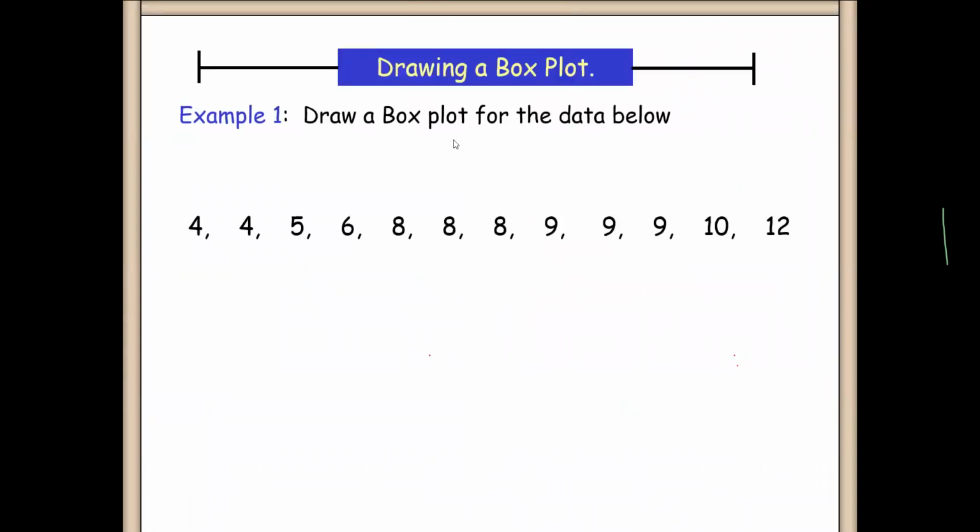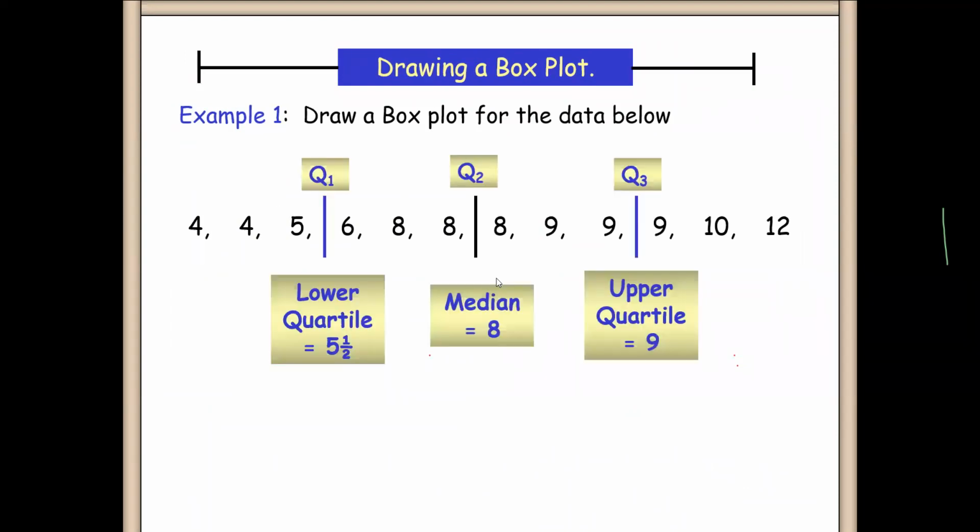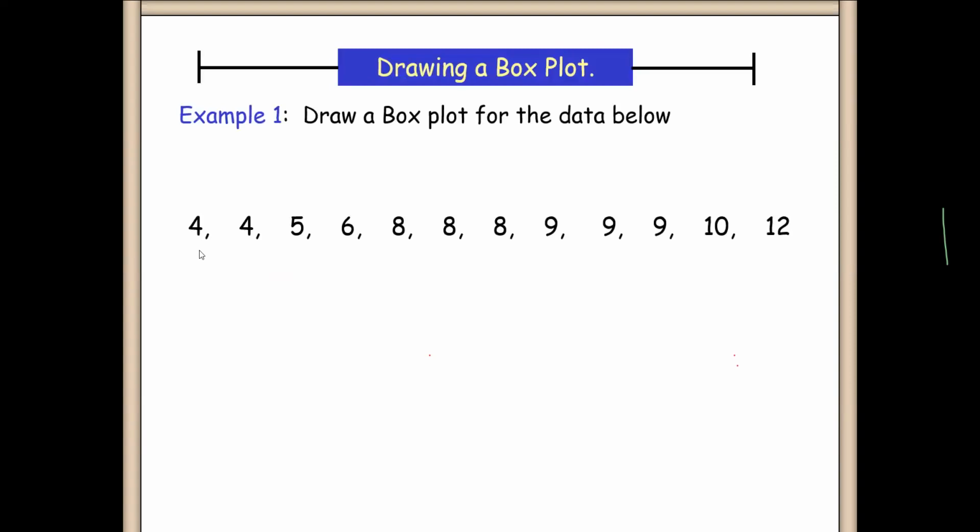So we want to draw a box plot for the data below. Now it's very important that you scale. If you don't scale, then you won't be able to see the skewness of the data. So if we work this out, sorry, a little too fast there. So there's our data. We're going to work out 1, 2, 3, 4, 5, 6, 7, 8, 9, 10, 11, 12.